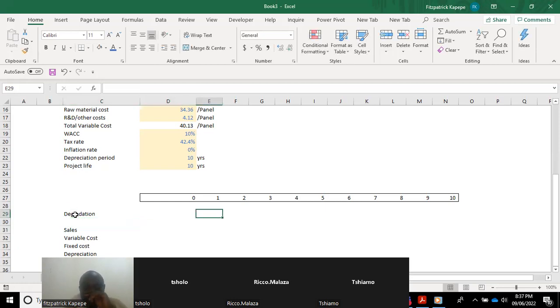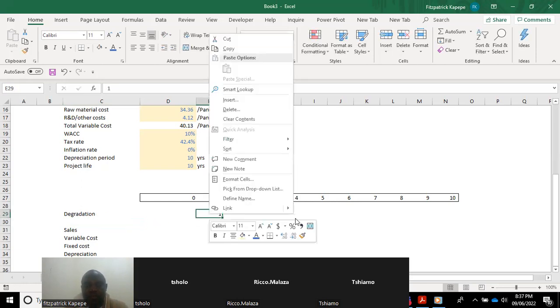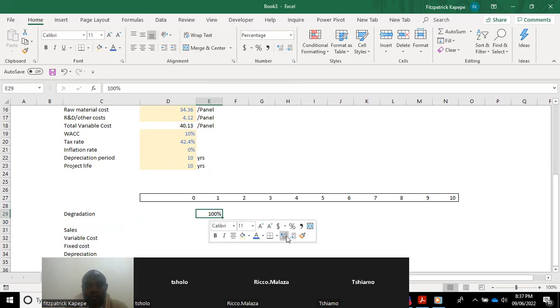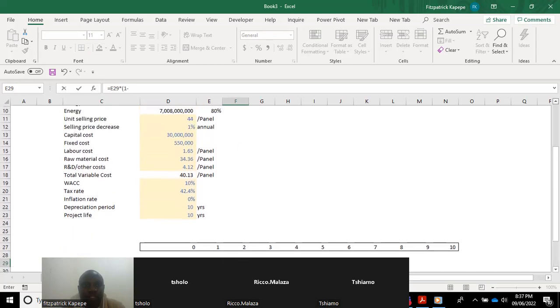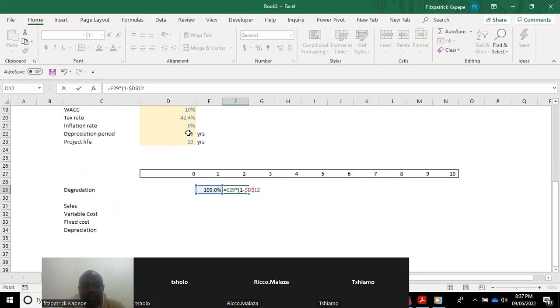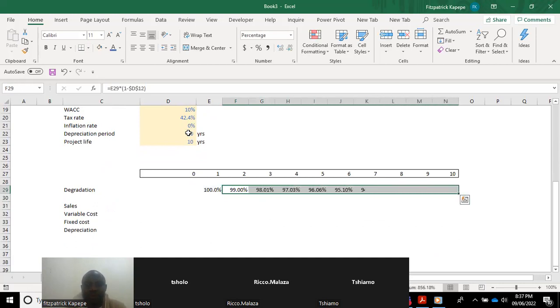Okay. So in the first year, obviously you're going to have it at 0%, or should I say 100%? In year 2, it will be this times 1 minus, where's the 1%? That. We shall take up to year 10.